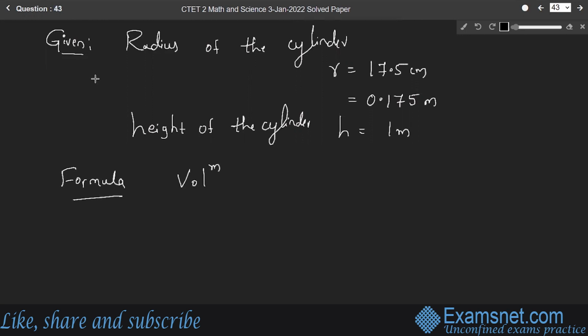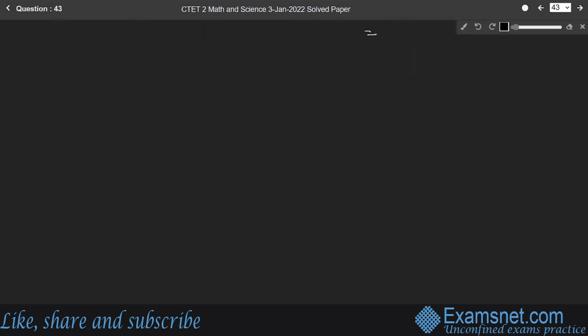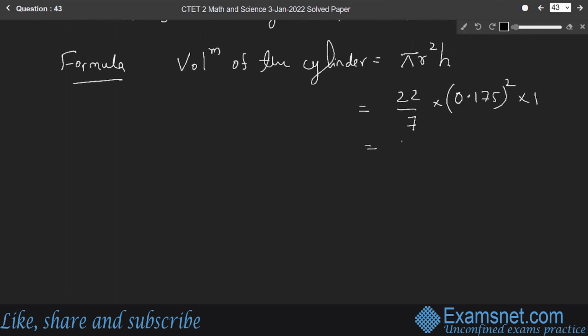volume of the cylinder is equal to pi r square h. So pi is 22 by 7, which is equal to 22 by 7 into r is 0.175 square into height is 1 meter, so volume of the cylinder is 0.09625 meter cube.